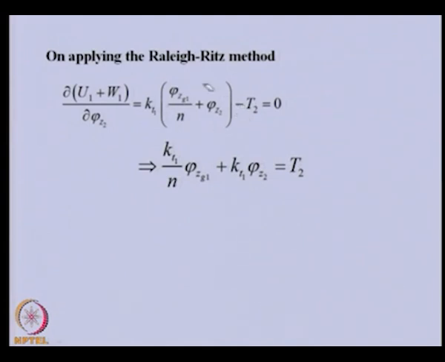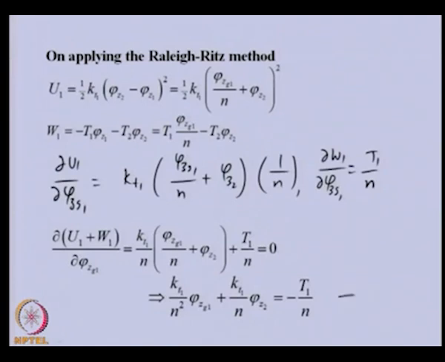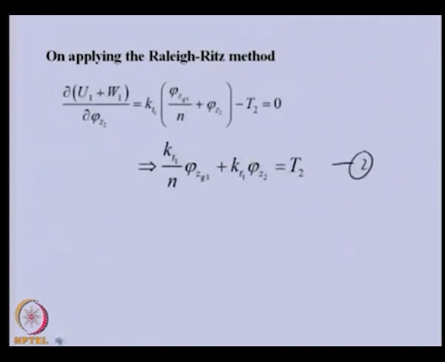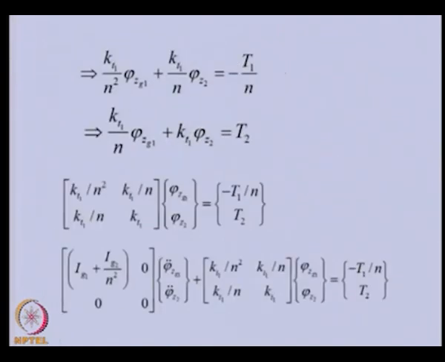This corresponds to the strain energy and this corresponds to the work done, and this again can be rearranged in this form, in which we put the torque on the other side. Now, this equation and the previous equation we can combine. These are the two equations which we got.